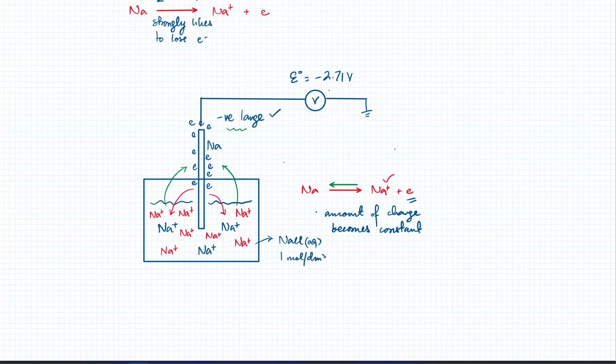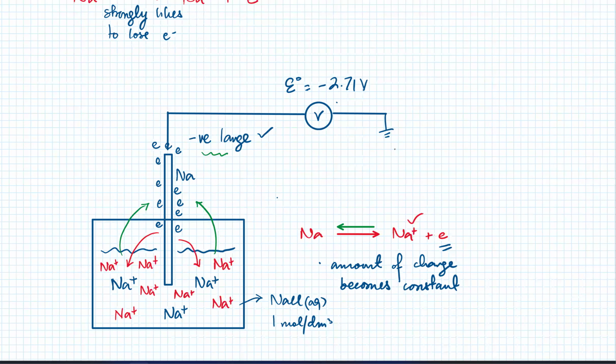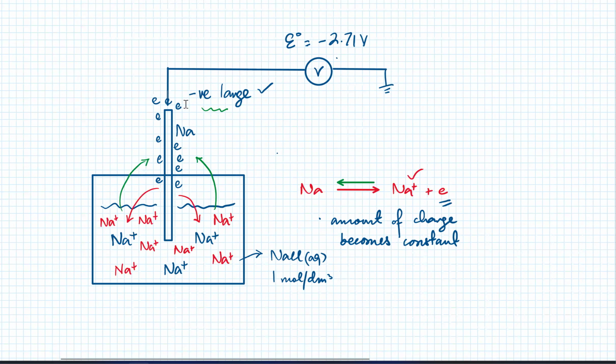So a negative voltage indicates that sodium really ended up losing electrons. It made the electrode very negative. The electrode had a very negative charge. And why did it have a negative charge? Because sodium really liked to lose electrons. So a voltage over here would give you an idea about what the substance is doing.